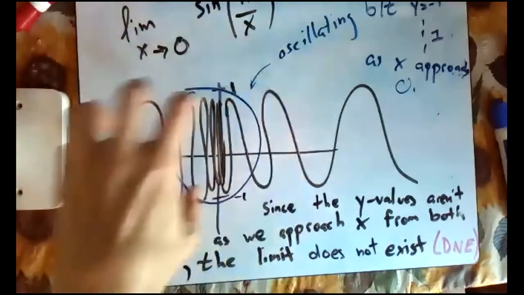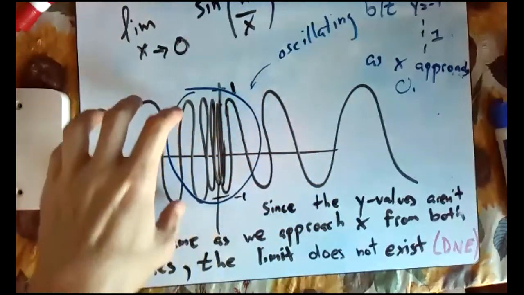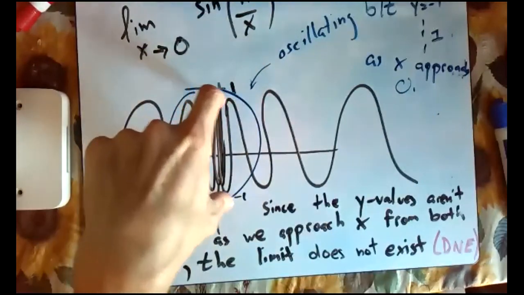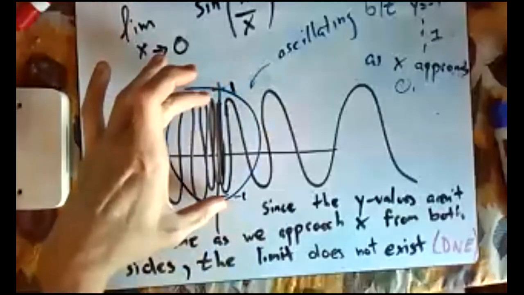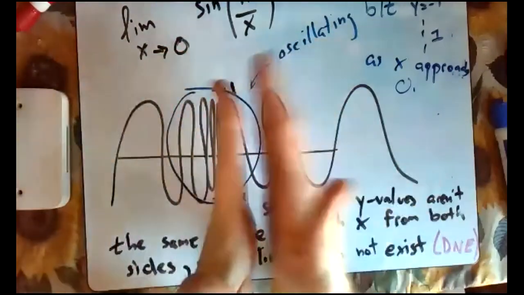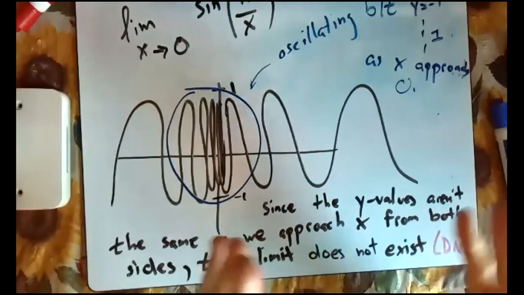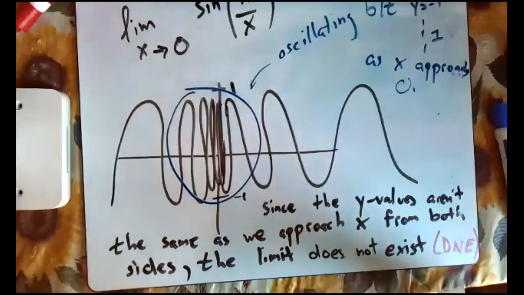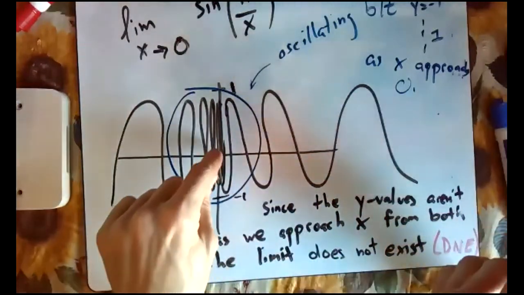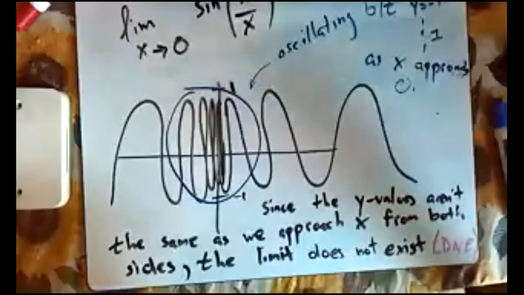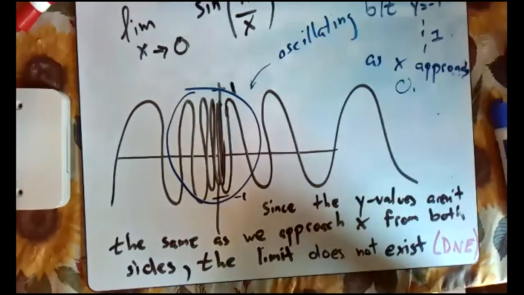You may see something like this, not you may, you will see graphs like this where you'll see this squishing action. And when you see this squishing action where it gets compressed like a spring, that indicates that it's oscillating or it's getting squeezed between two y values. And if it is getting squeezed, then that tells you the limit is not going to exist. Why does the limit not exist again?